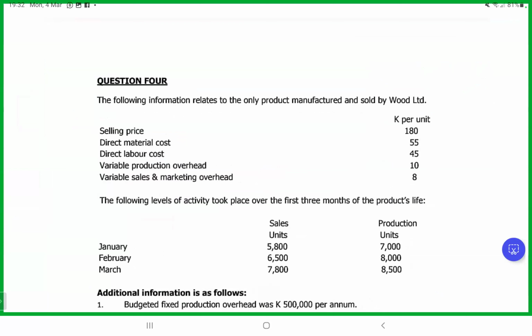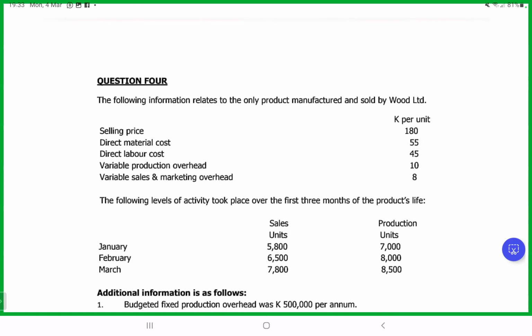Then you need the variable production overheads. You get that point? It's very important. The variable production overheads are those overheads that take place within the factory. In other books, you can find this written as variable factory overhead.